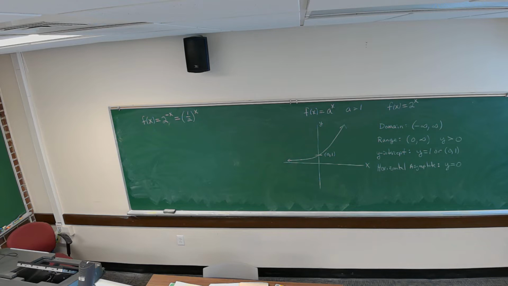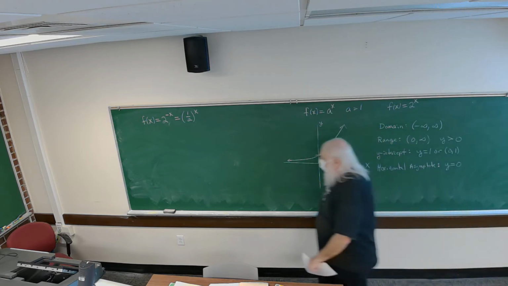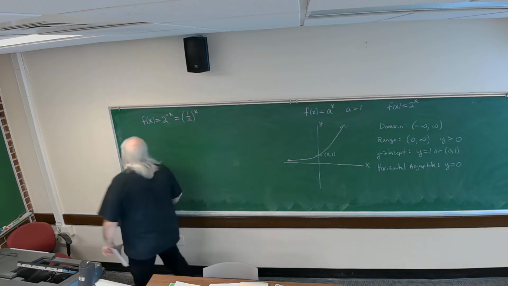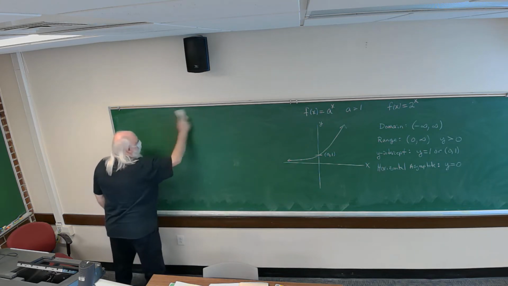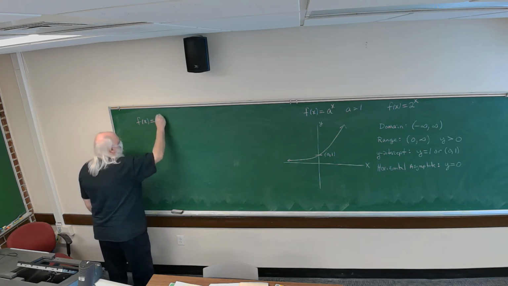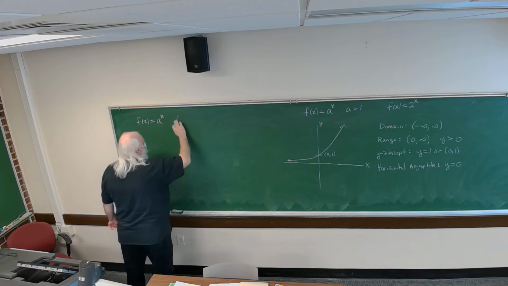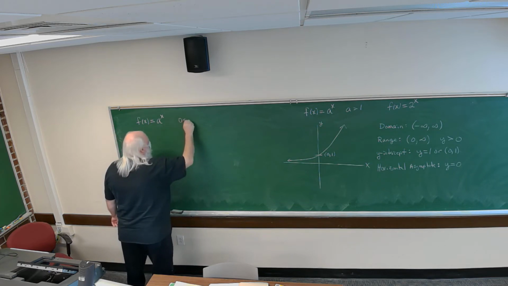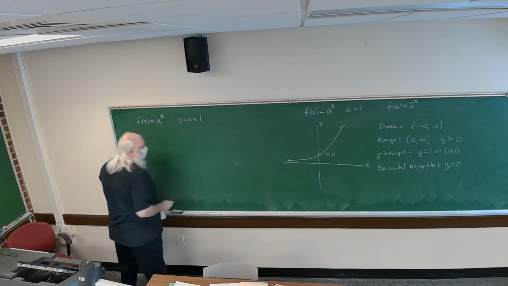At the top of the page, we graphed a equal to 1/2. This graph, in general, for any base between 0 and 1, is going to look similar to the graph at the top of the page that we did last Friday. So now let's do the one on the left. f of x is equal to a to the x, and the base a is between 0 and 1.